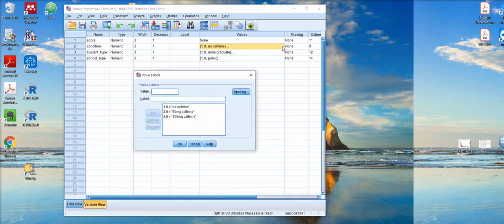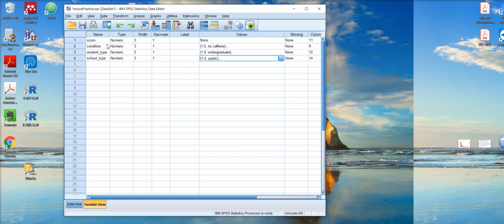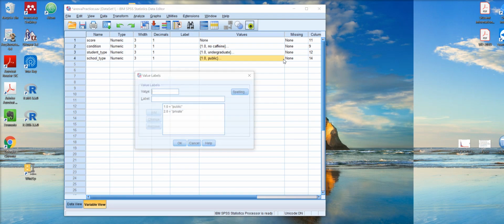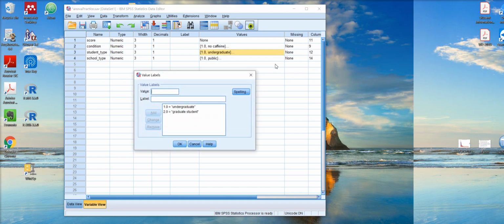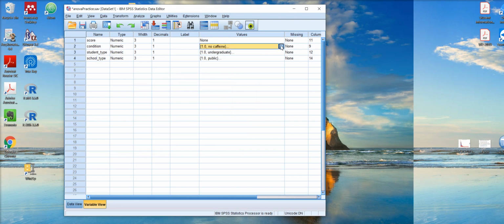So 1 would be no caffeine, 2 would be 50, 3 would be 100, and so on, and same here. Notice that school type has 2 levels, student type has 2 levels, and then condition has 3 levels.